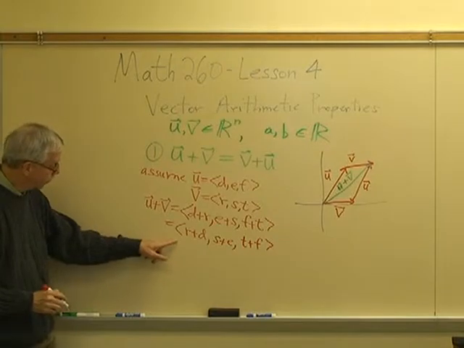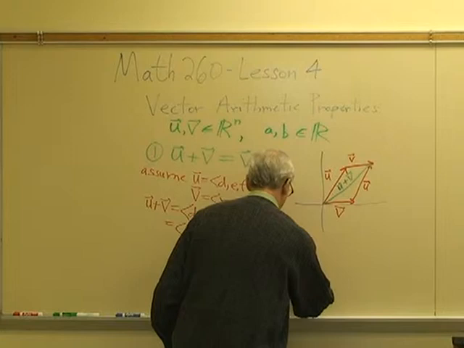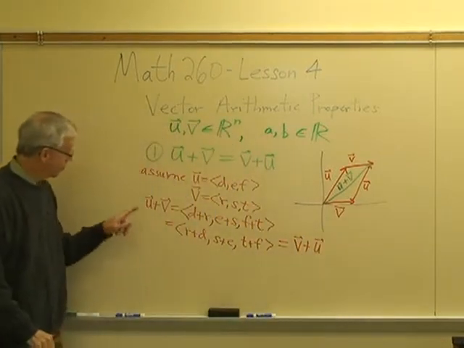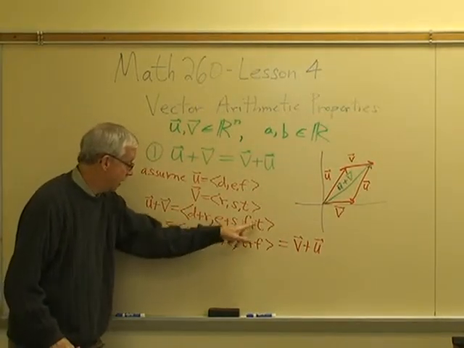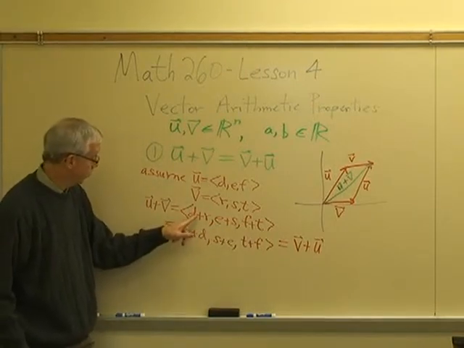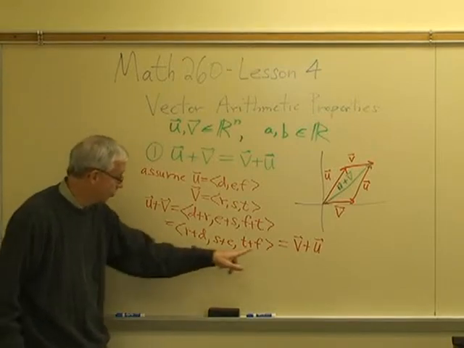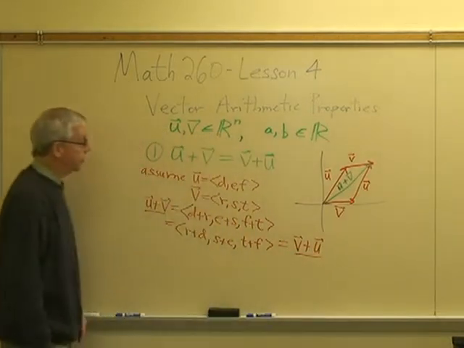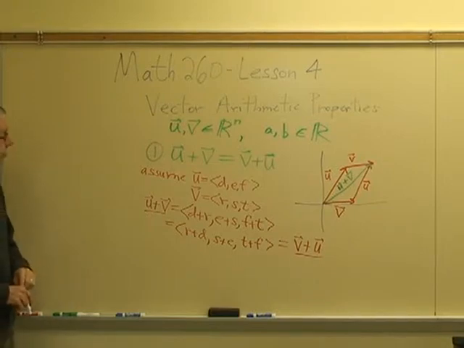But now when I look at this, this is exactly the answer I get when I add v plus u. So by my chain of equals, u plus v is this, but the fact that the individual arithmetic operations commute, because these are just regular old real number arithmetic operations, and this is exactly the answer I get with v plus u. I've just proven in the three-dimensional case that u plus v is v plus u. So this is the general idea of how we prove these things, and you'll get practice doing that in class and for homework.